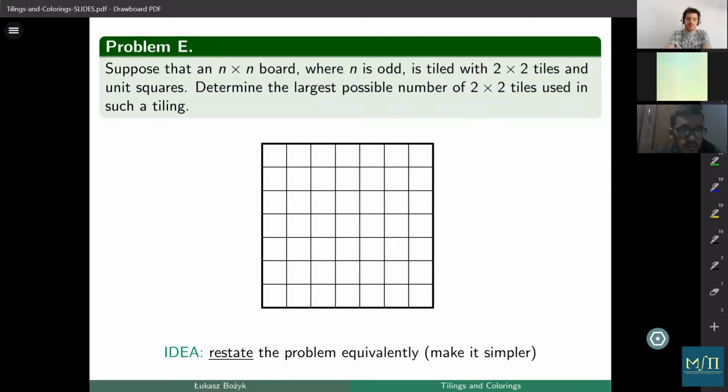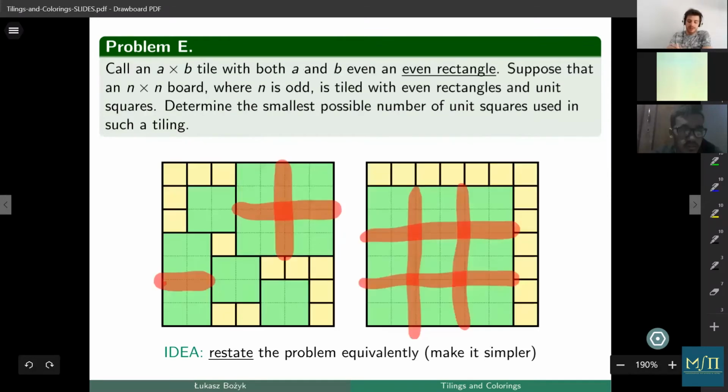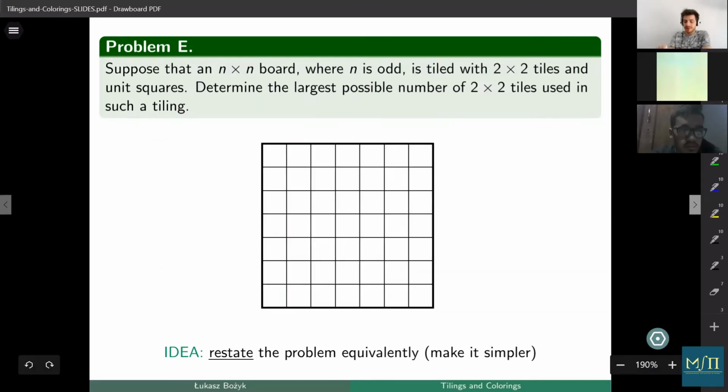We have an n by n board where n is odd, and now it's tiled with 2 by 2 tiles, the small even rectangles, and unit squares, just as before. Now, in order to minimize the number of unit squares used, it's equivalent to maximize the number of used 2 by 2 tiles.